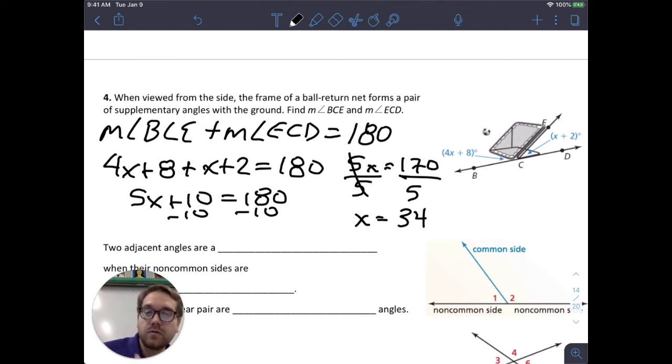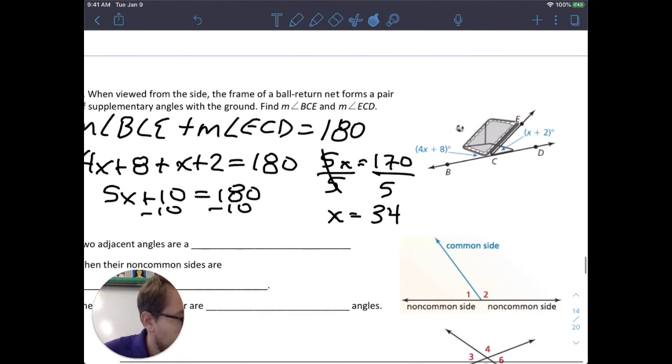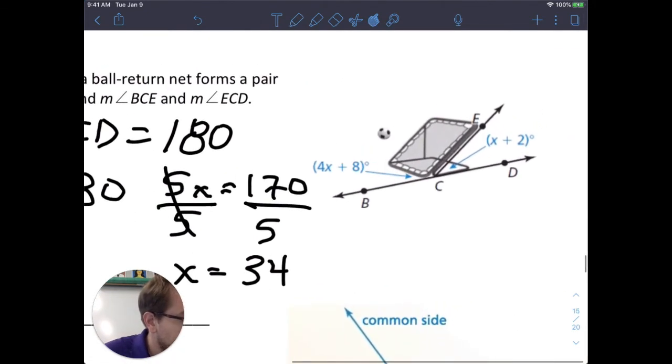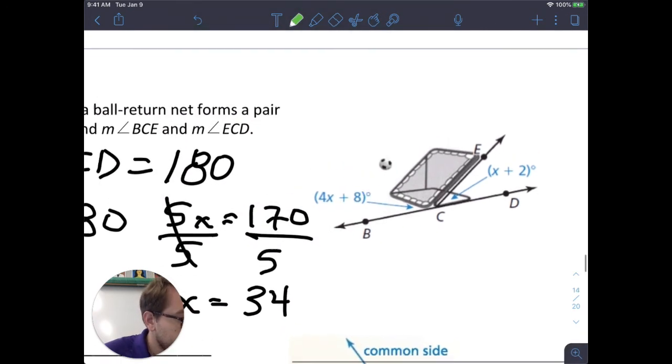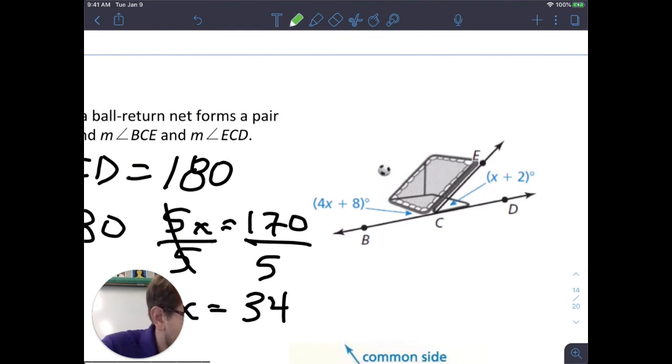And then I'm going to use x in order to actually determine the measurements of the angles. I might have to be a little creative with space here. So let me come over here. I'll use a different color as well. So let's first find the measurement of angle BCE. We know the measurement of angle BCE is 4x plus 8.